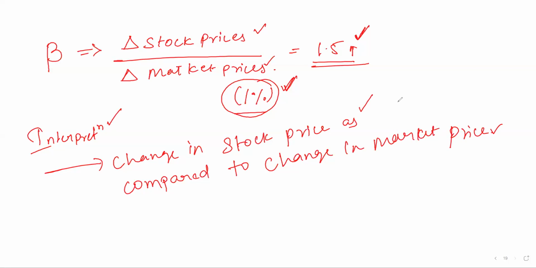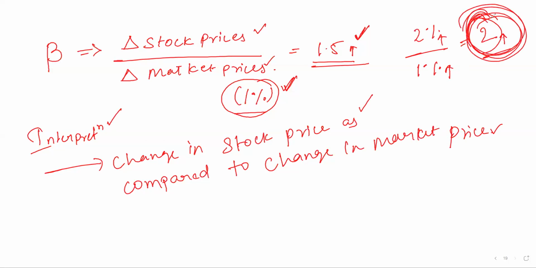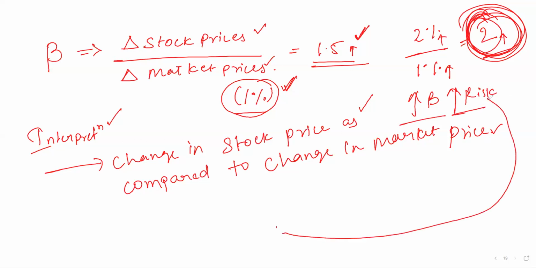So let's say the stock has changed by 2% and the market has changed by 1%, then the beta is 2. What does this mean? It means that whenever the market moves by 1%, on an average the stock moves by 2%. So higher the beta, higher the risk, and higher the risk, don't you think higher should be the cost of equity?